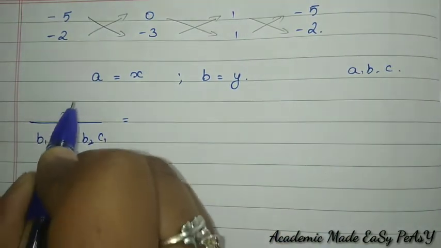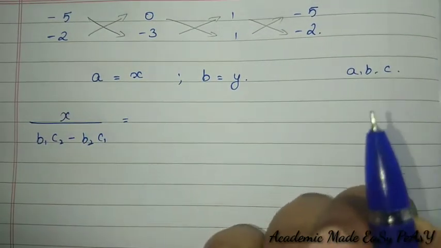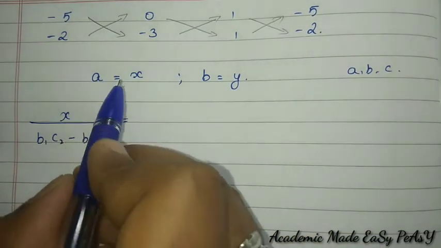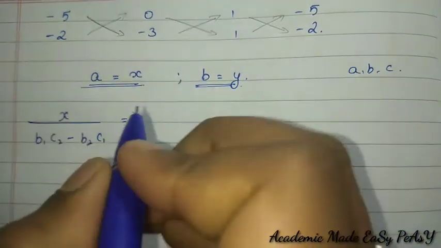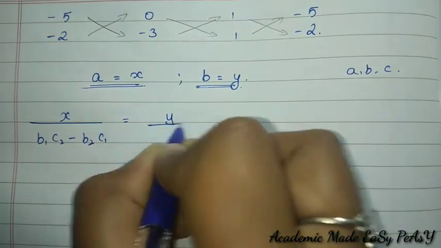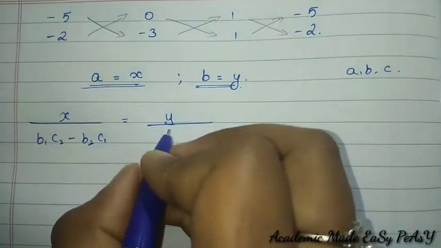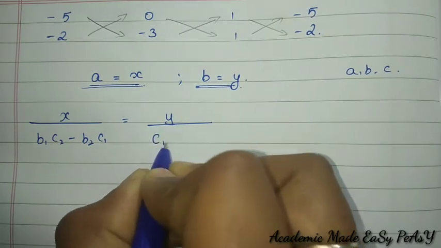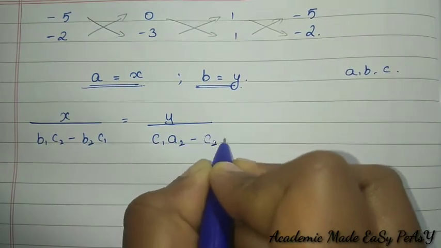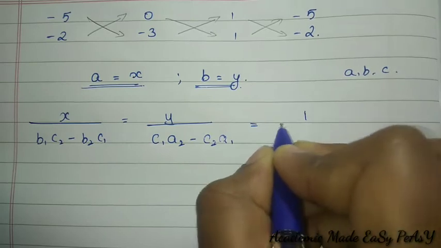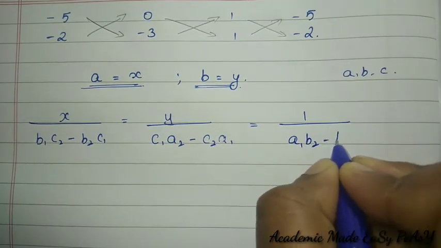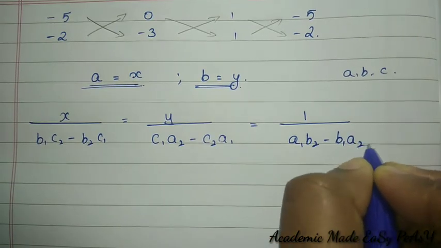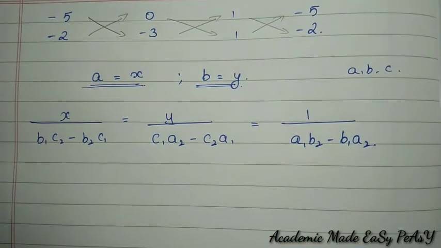If I just write a or b here, we may get confused, so I have said a is equal to x and b is equal to y. So my y is b, so y divided by c1 a2 minus c2 a1 is equal to 1 divided by a1 b2 minus b1 a2, or a2 b1, whatever is correct.